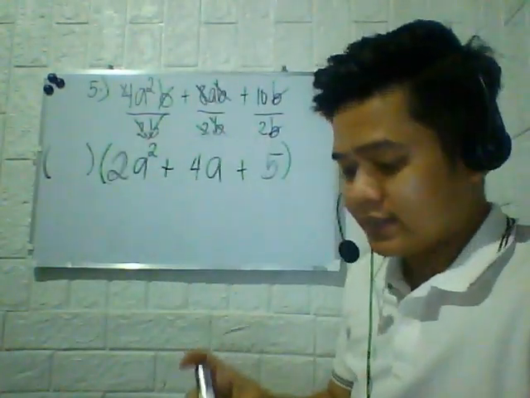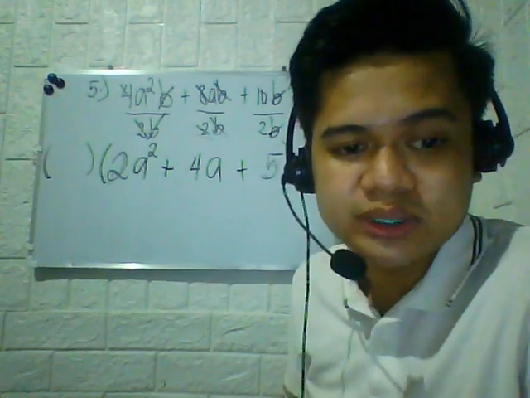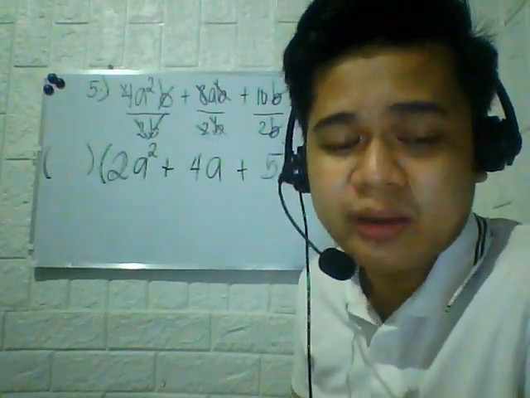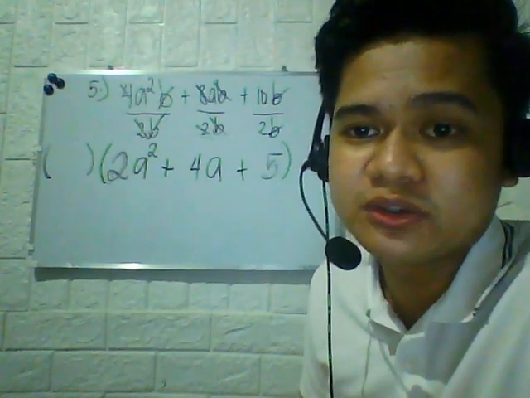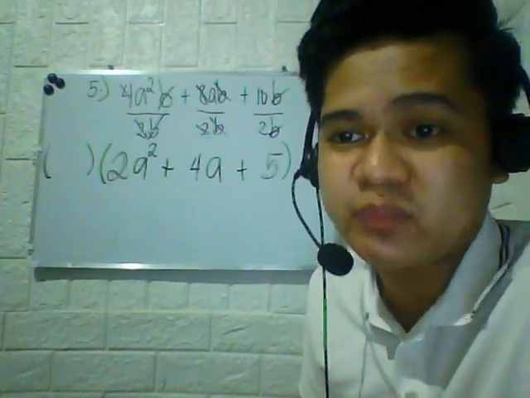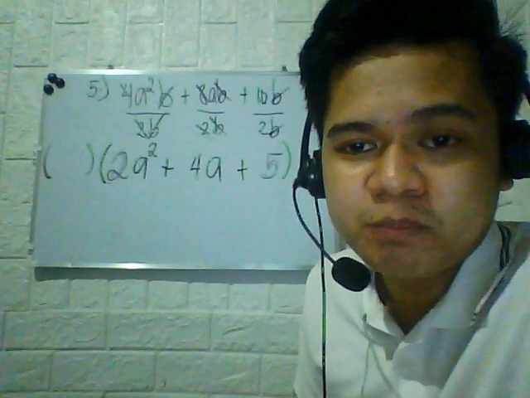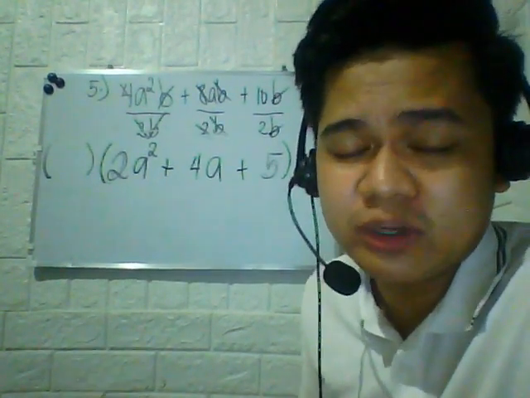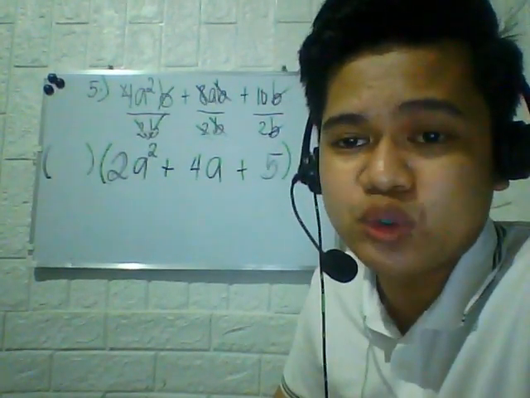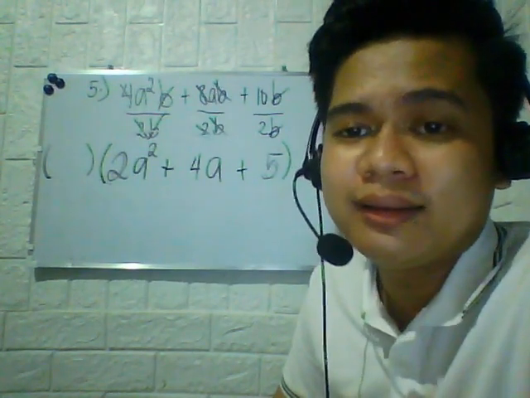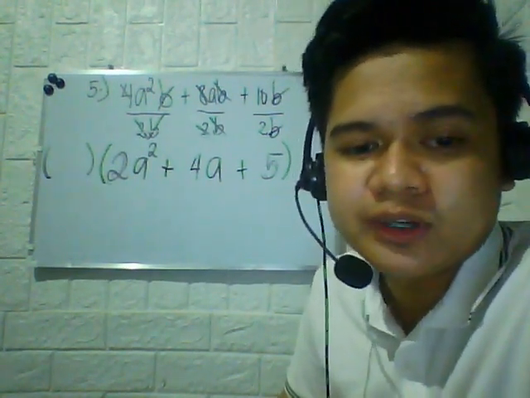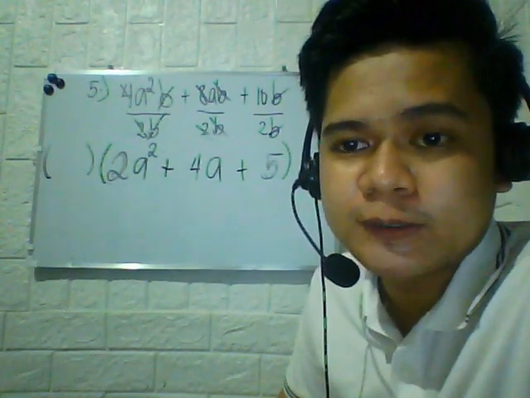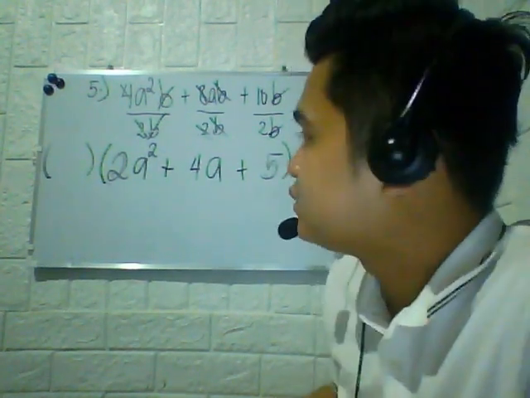Kagaya ng nangyari sa akin, muntik ko na makalimutan yung ating GCF kasi hindi ako agad naglagay ng 2 pairs of parentheses. For you, it would be better na kung maglalagay na kayo right away ng 2 pairs of parentheses, knowing that you should be putting in there the two factors.